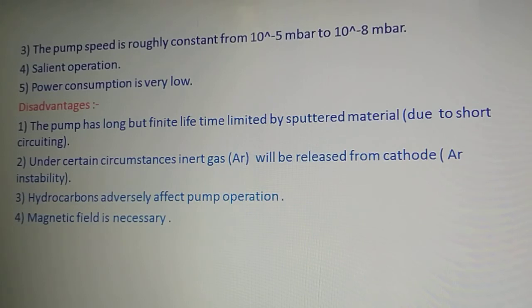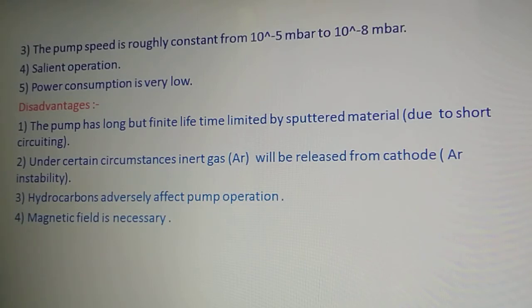The next advantage is that the pump speed is roughly constant from 10 to the power minus 5 to minus 8 millibar, and the operation of the sputter ion pump is silent. One more advantage is that the power consumption of this pump is low.